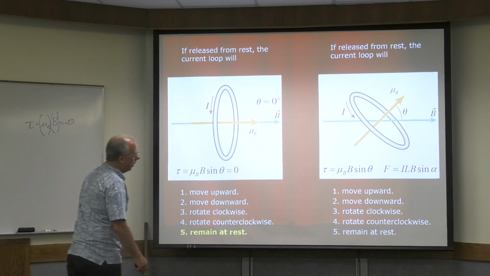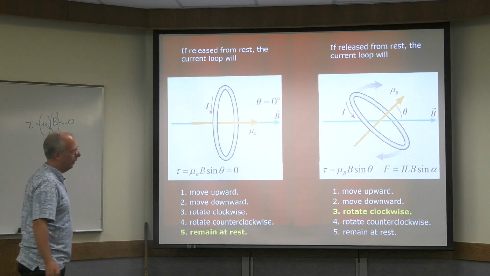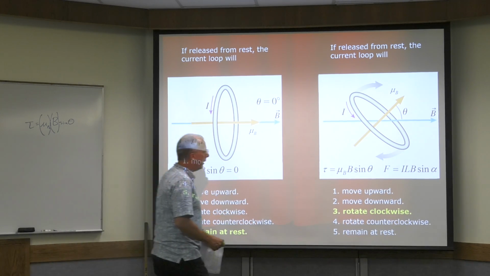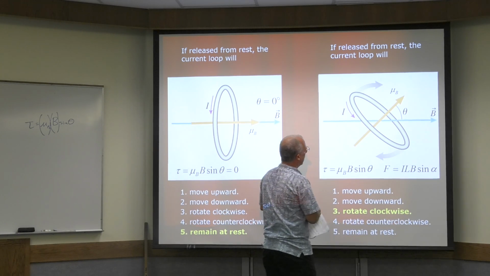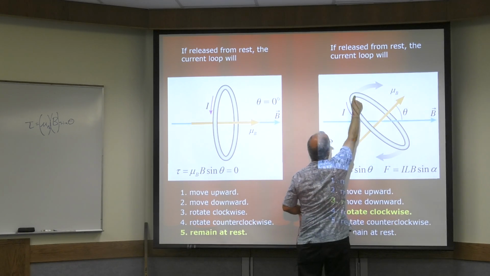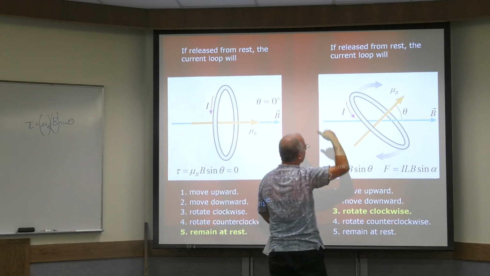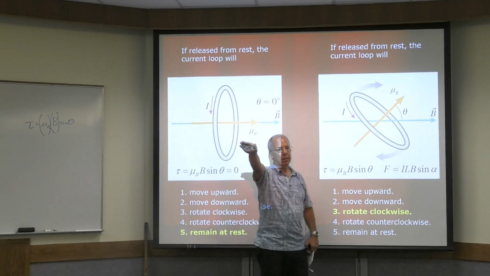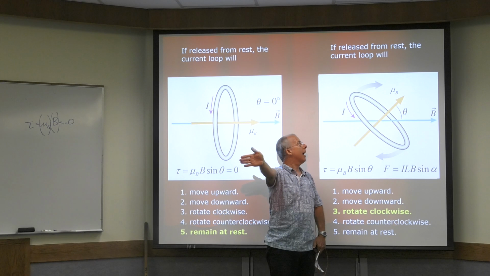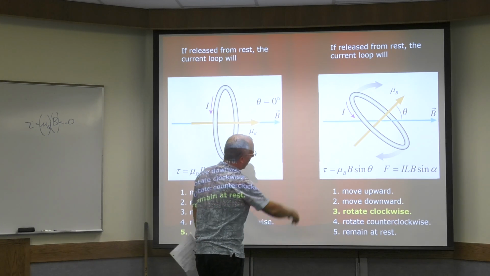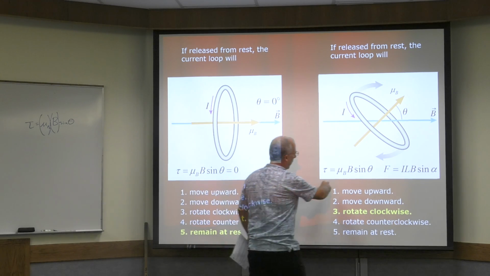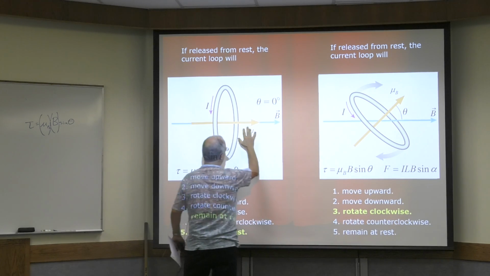Okay, so let's figure it out with this. What's the direction of the current right here? It's out, right? So IL is this way, B is that way. So what's the force? You can use either one of these equations, but I think the easiest is just to do this.